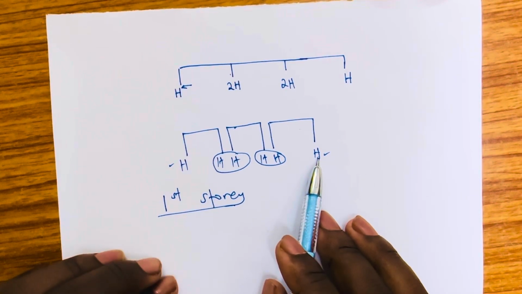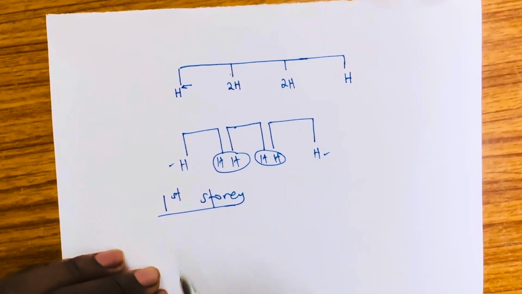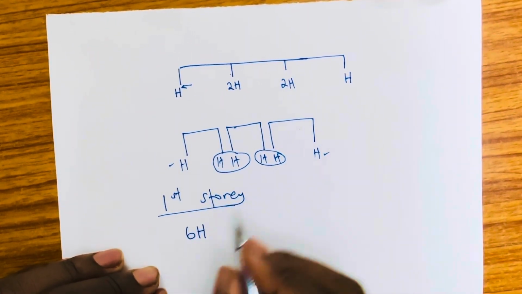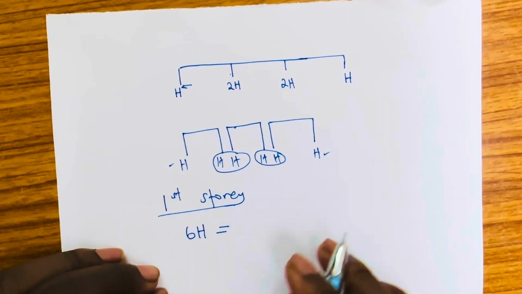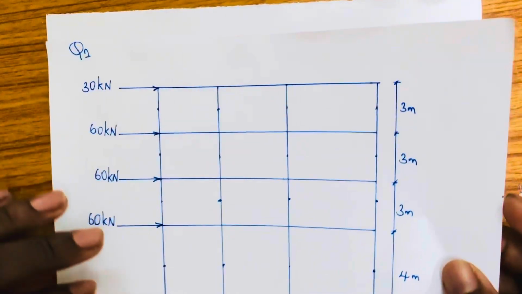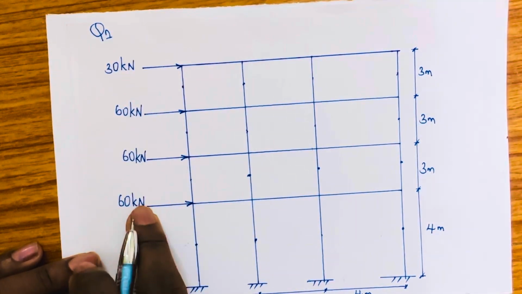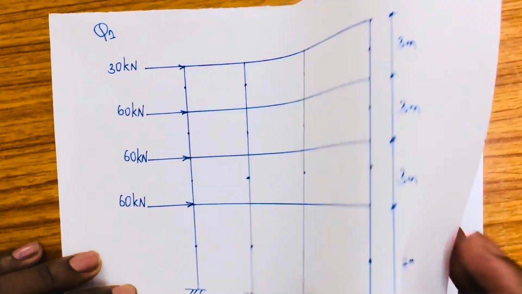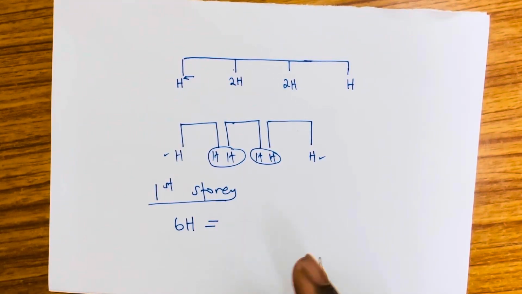So first of all, I will have 6H, which should be equivalent to the horizontal forces given, which are 60 plus 60 plus 60 plus 30.